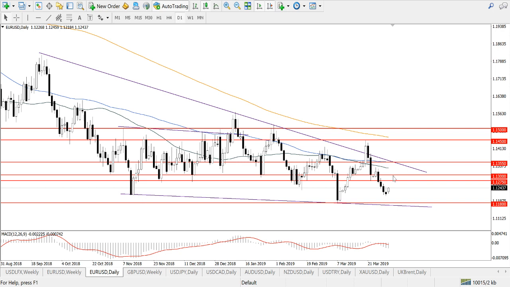Euro-dollar recovers to the area of 1.13, 1.1350, and there it will meet resistance and turn down once again, because neither the euro nor the USD has dominance in this market, so we remain sideways with a slight bearish bias.